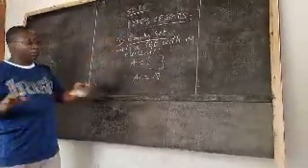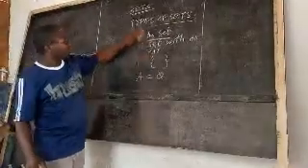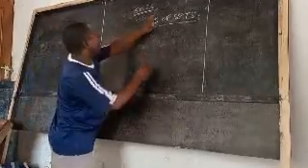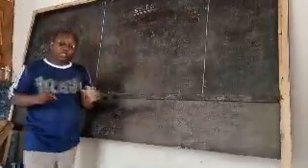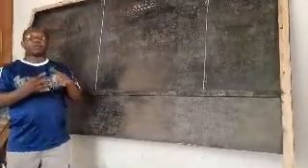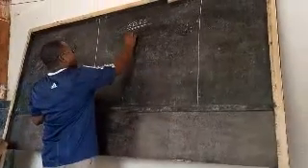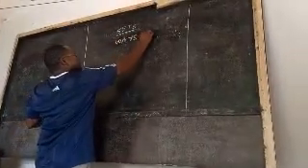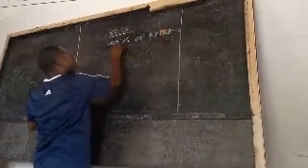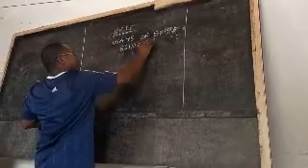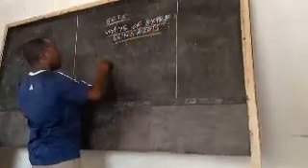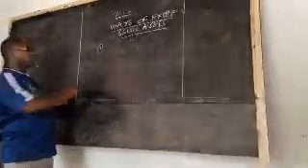Let us see the ways of expressing a set. A set can be expressed in three ways: in roster form, in words, and by formula. The first way is by listing.